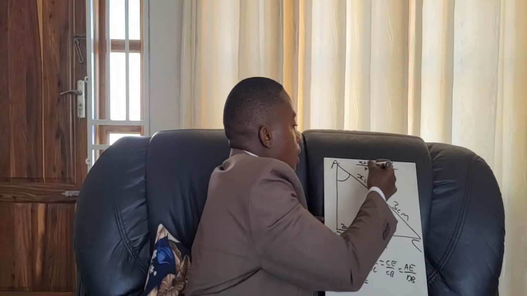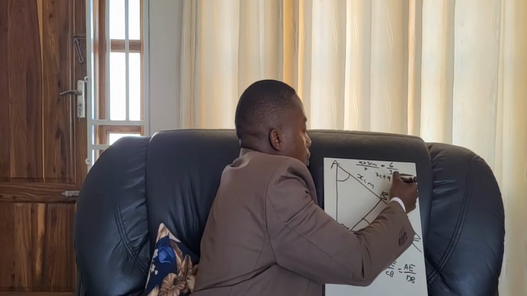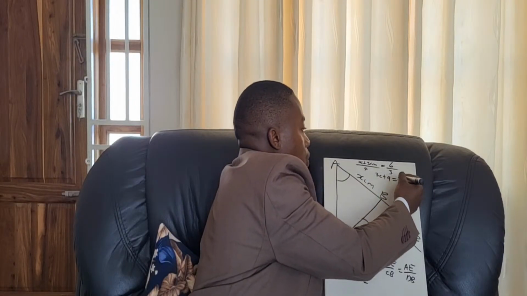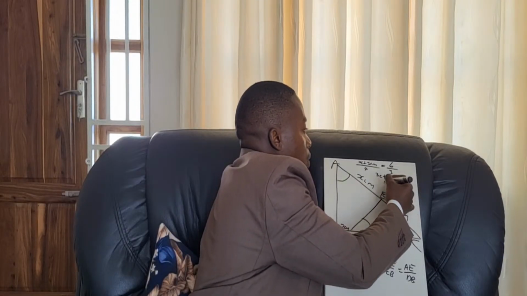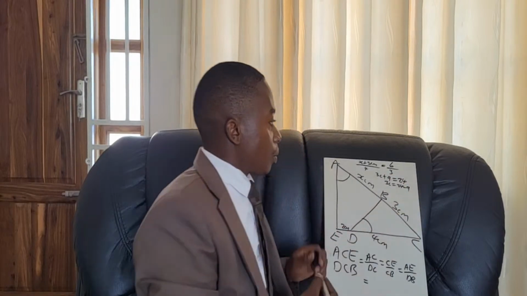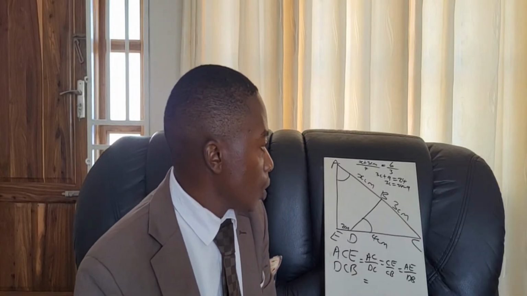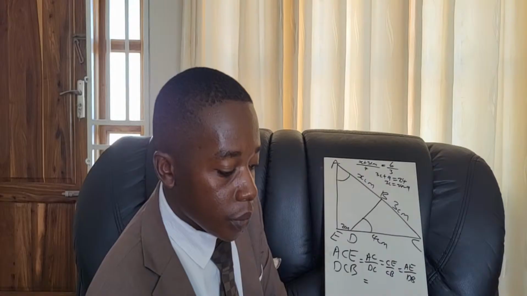After cross multiplication, it's 3x plus 9 equals 24, right? So 3x equals 24 minus 9. 24 minus 9, what will be your answer? 15.